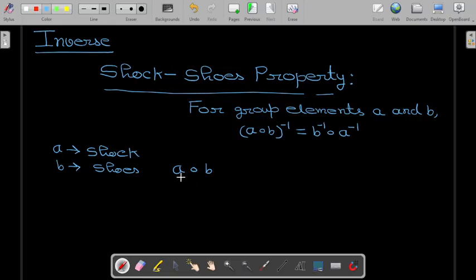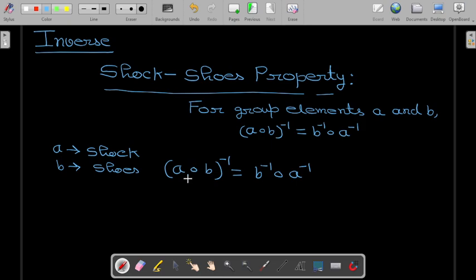But when we return from school, we inverse this process. That is, we first take off our shoes, then take off our socks. We can't take off socks before taking off shoes. That is, the inverse of the first process is taking off the shoes first, then taking off the socks. So that is why this property is named the socks-shoes property. I think every one of you has understood this property well.